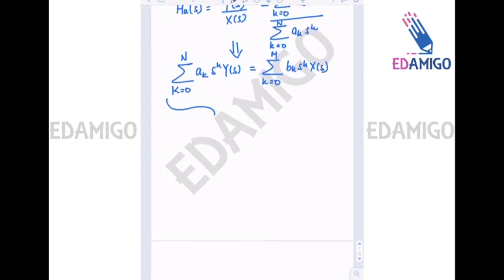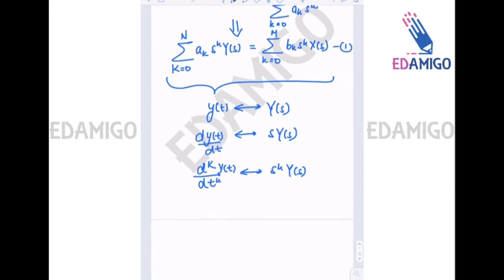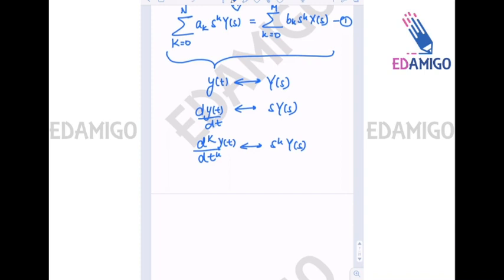So if I convert this equation into the time domain, as we know, if y(t) has Laplace transform Y(s), then dy(t)/dt will have s times Y(s), and if you take the kth derivative, you will multiply s to the power k by Y(s). So equation number 1 can be converted into the time domain.